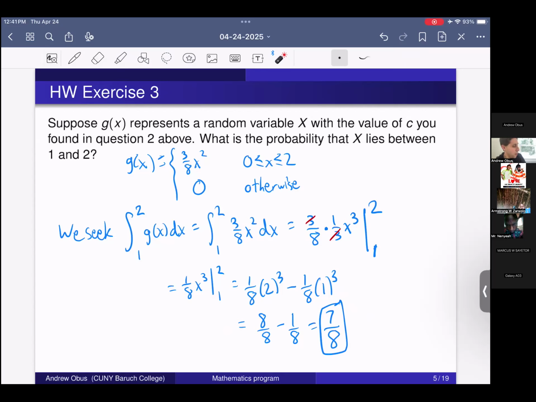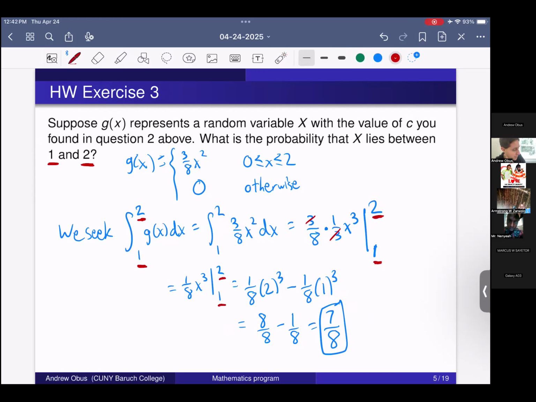We're looking for where the value lies between 1 and 2, which means that when you integrate, you take these values 1 and 2 over here. And so our notation here is that you find an antiderivative and then you write down these same values, 1 and 2, over here.